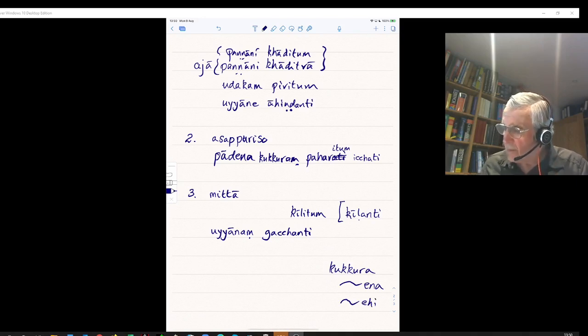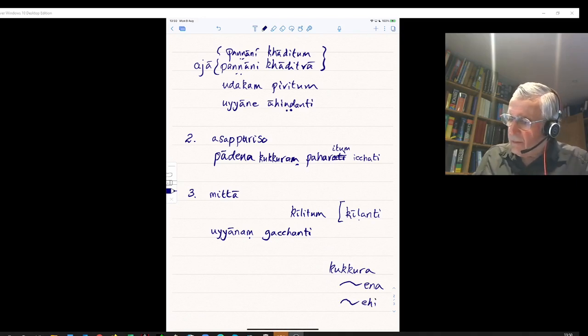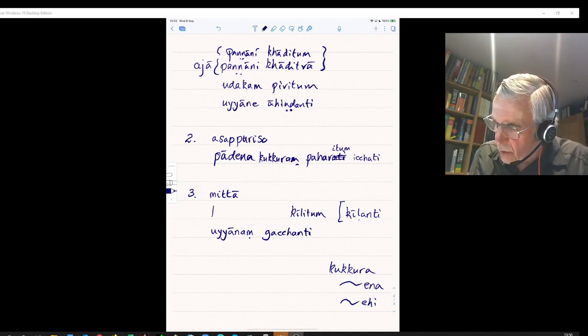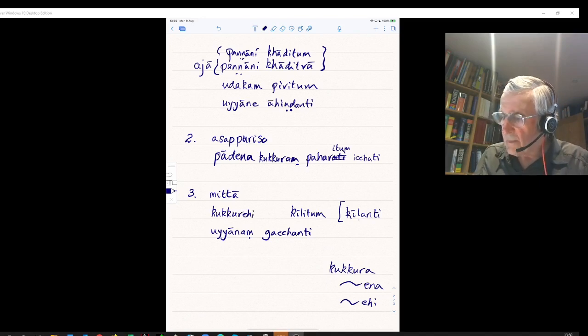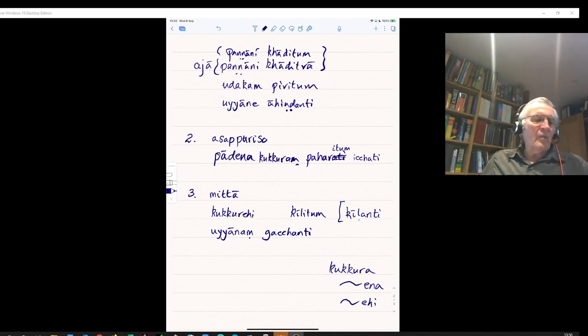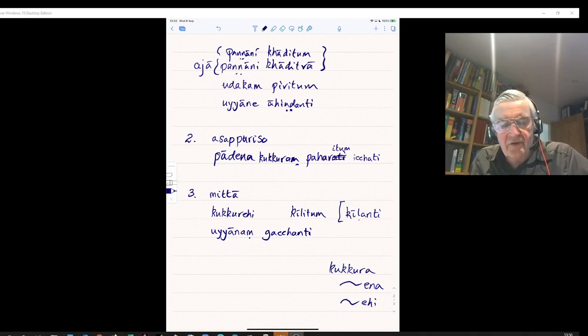So mitta kukurehi. Now in the key that's given to this book, this sentence is just given as mitta kukurehi kielitum uyyanam gachanti.